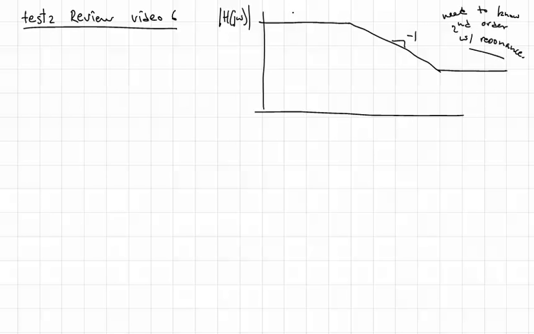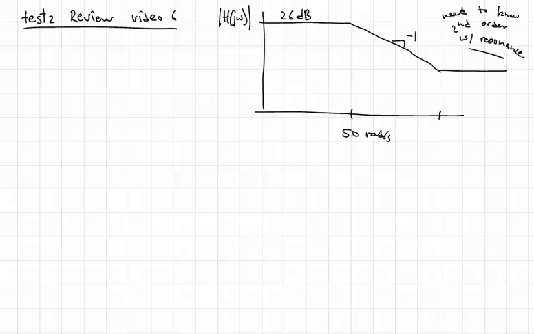So let's say that we have here a gain of, let's say this is 26 dB, and this is 50 radians per second.